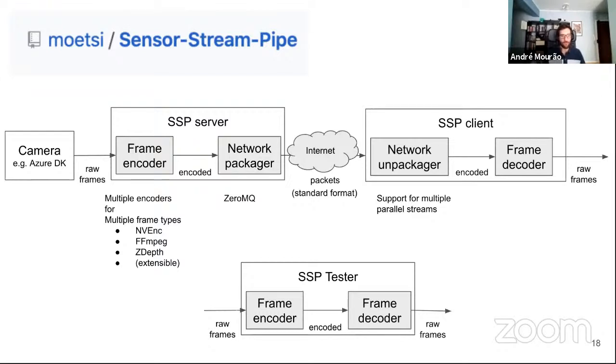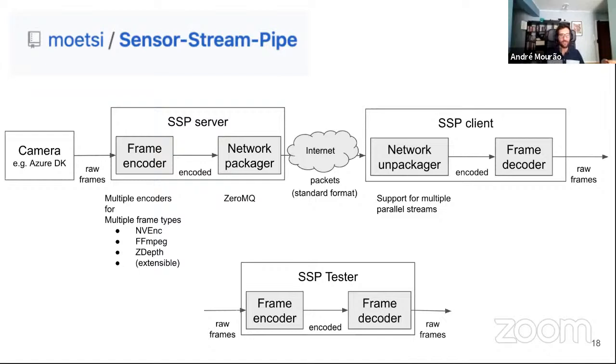And also ZDepth, which is a specialized type of codec designed to greatly compress the depth map that you can generate using a depth camera losslessly and quite quickly, and to give you the best possible compression and the best possible results on the other side.